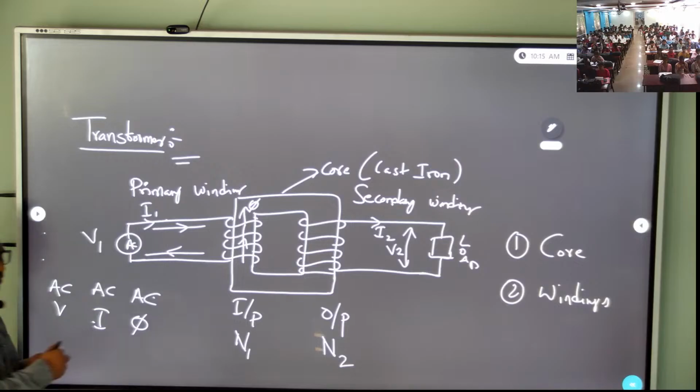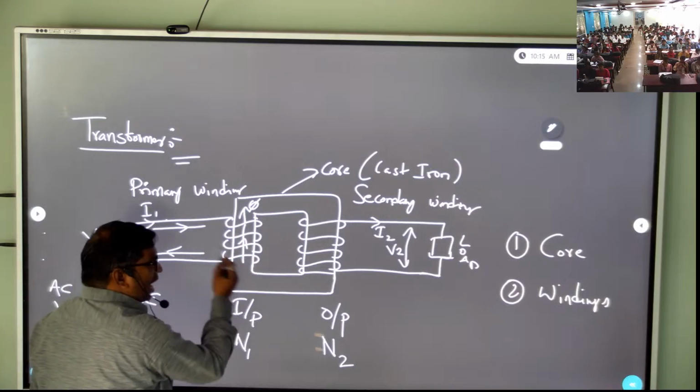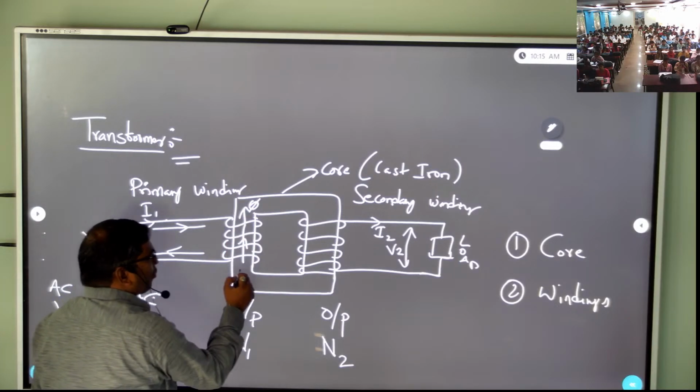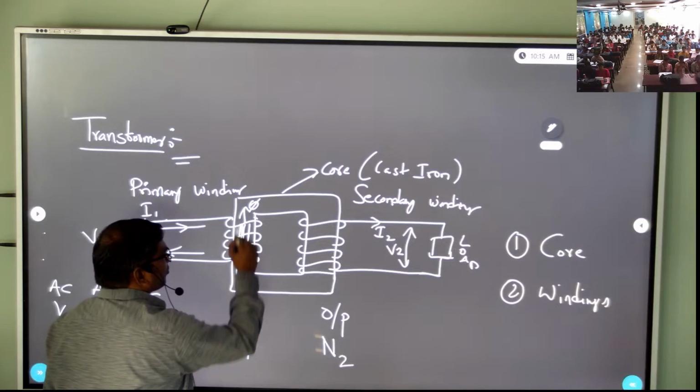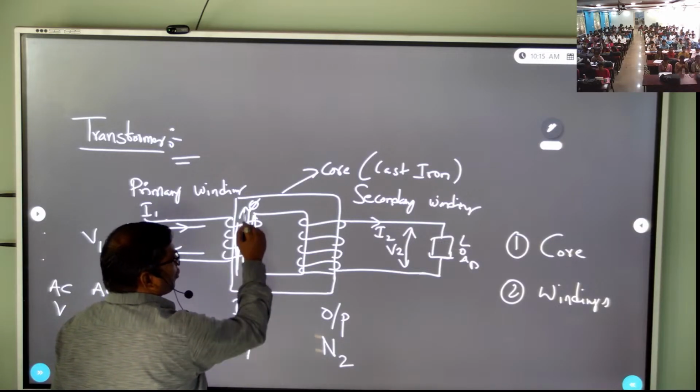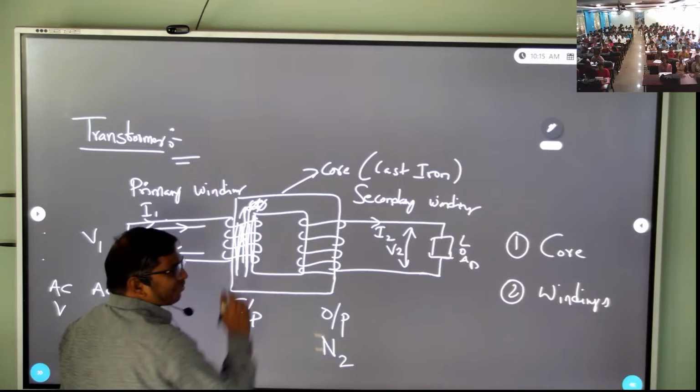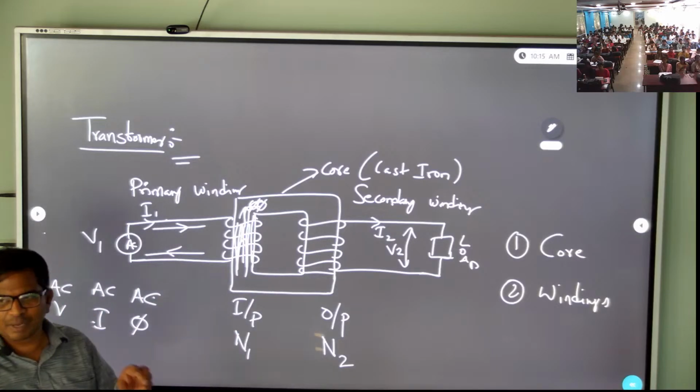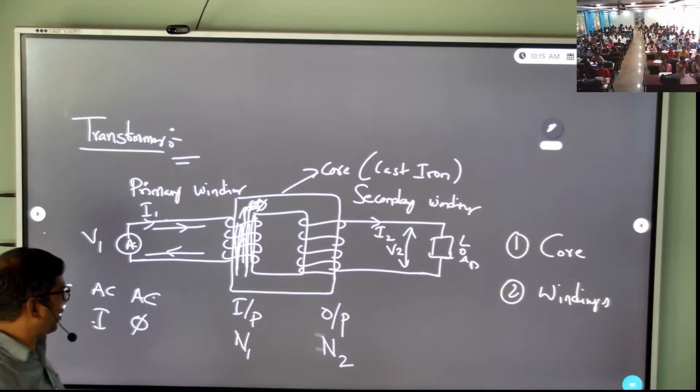How will it flow? Because we wound in the clockwise direction, this flux will flow like this. You cannot see the flux, but it is established in the core. What happens actually?